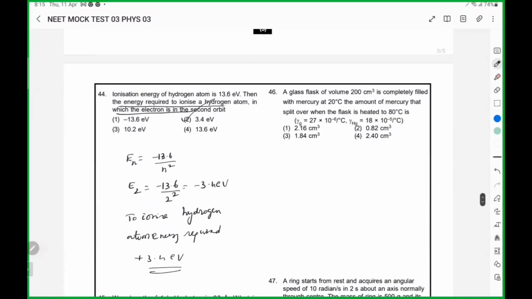Here a glass flask is completely filled with mercury. That means initially the volume of the flask and the volume of mercury are the same.